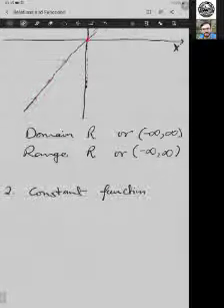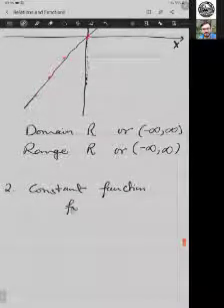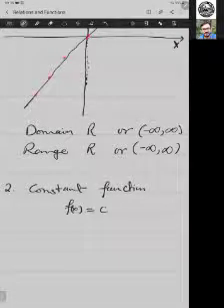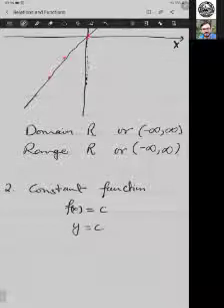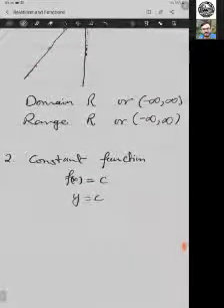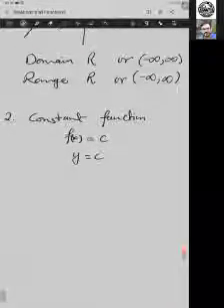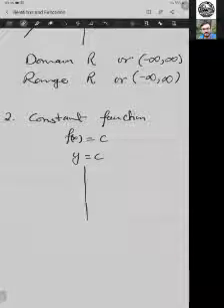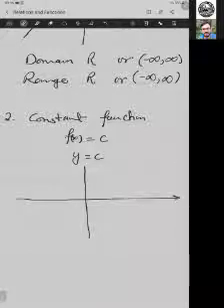Yes, constant function like f(x) = c. f(x) can be said as y = c. Now c could be 2, 3, whatever. So when you are going to make its graph, feeling like this is the point.